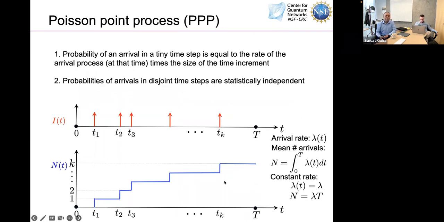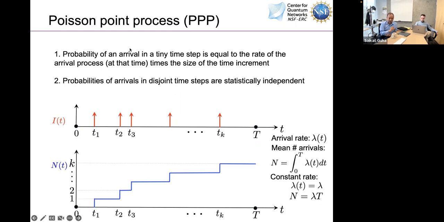Now, a specific kind of arrival process that we will be concerned with is the Poisson point process. It's actually probably one of the simplest kinds of arrival process. The Poisson point process literally has 2 properties you need to describe it.